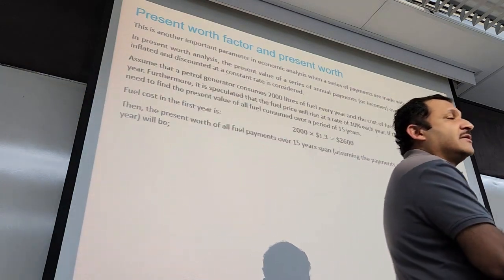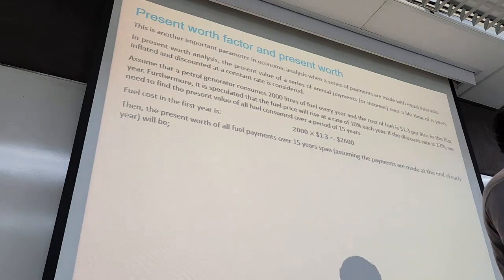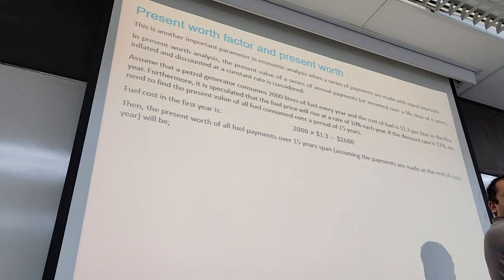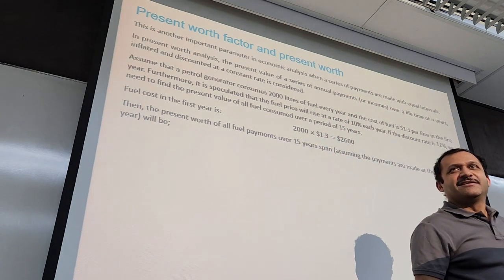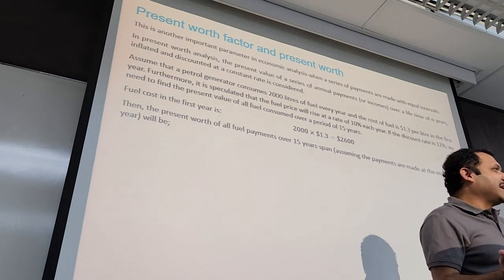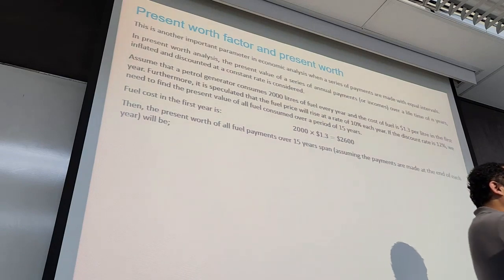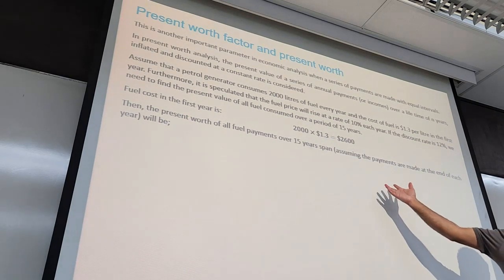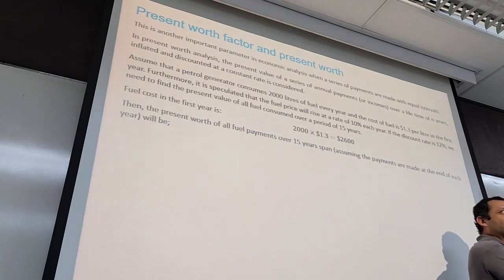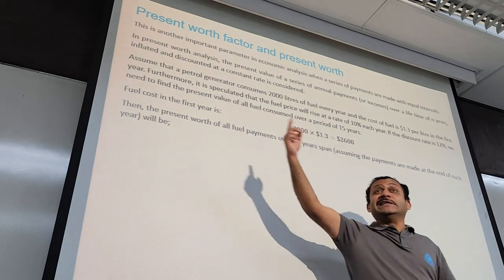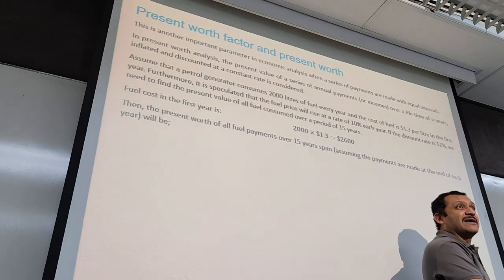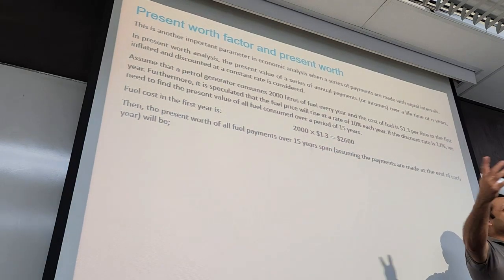Now, let's say you've got a magical machine and you can buy all the electricity and store it in some magical battery for the next 10 years. But that's not possible. We know that, right? It's not possible to store that much electricity. Say, fuel, we can store the fuel, but can you store 2,000 liters times 15 years in your backyard or somewhere in your factory for 15 years?